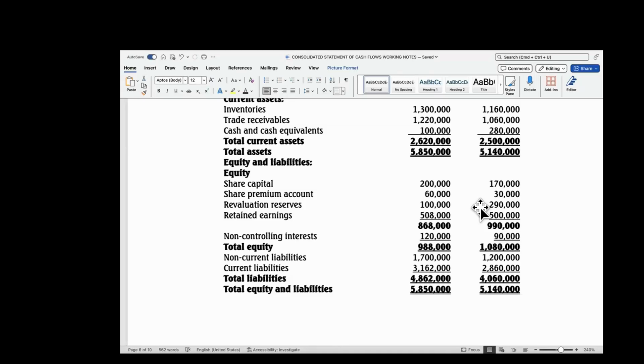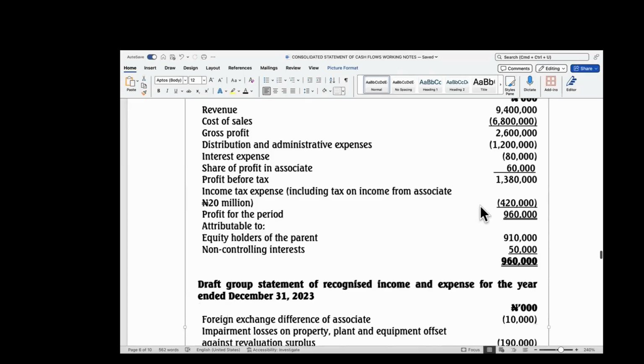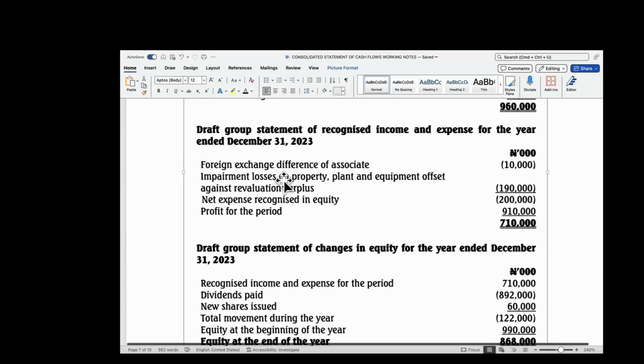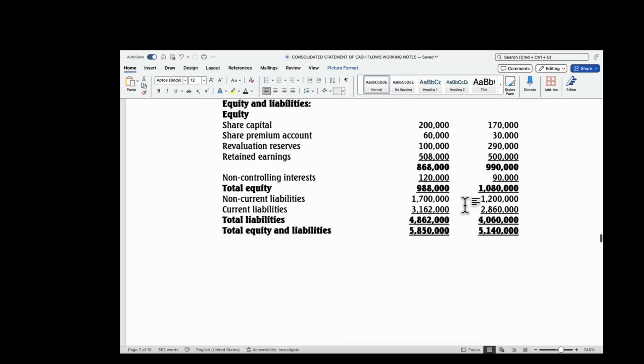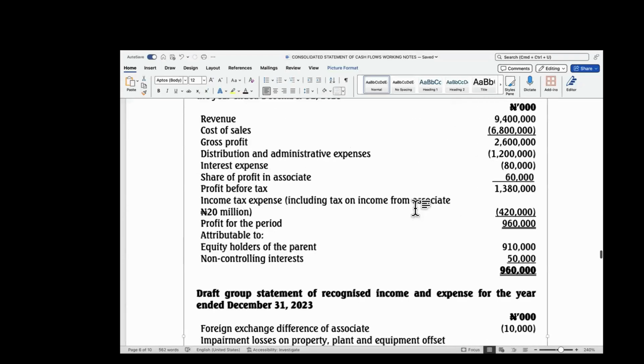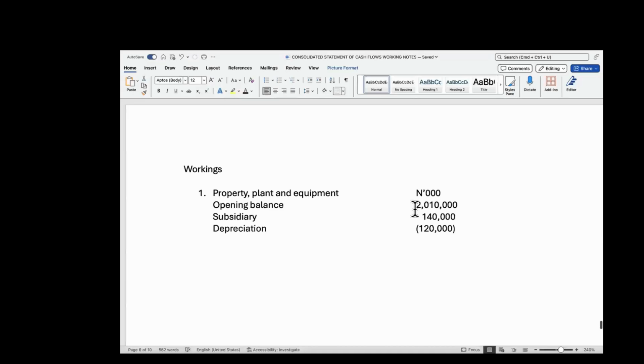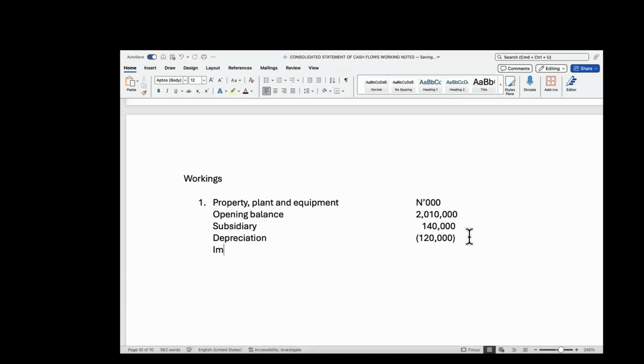And apparently, it's because of these impairments. They said impairment losses on PPE offset against revaluation surplus. So it was what offset that revaluation surplus, this 190 from 290 to 100. So that means part of these movements is impairment loss. It's clear now that there was an impairment loss on PPE.